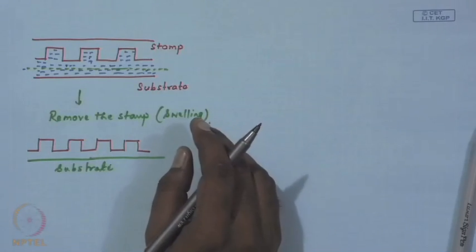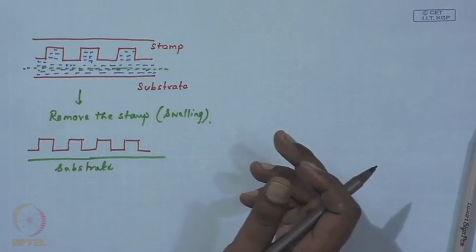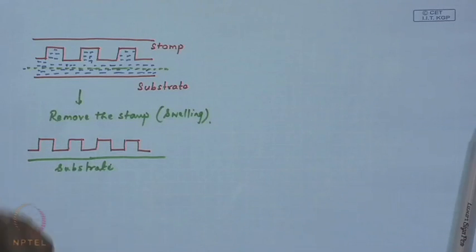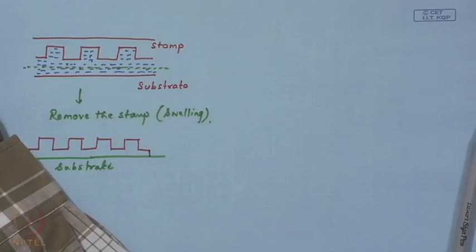Okay. So, this is what is solvent assisted polymer bonding lithography, and it is one of the simplest methods, very easy to execute, not material specific at all, and you virtually require no hardware other than the stamp.